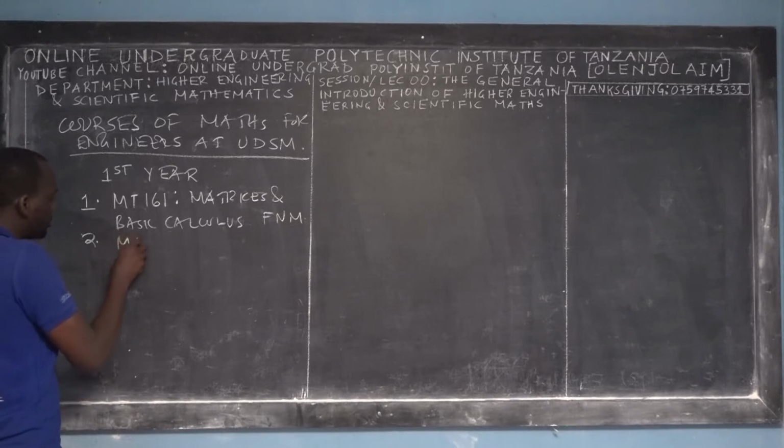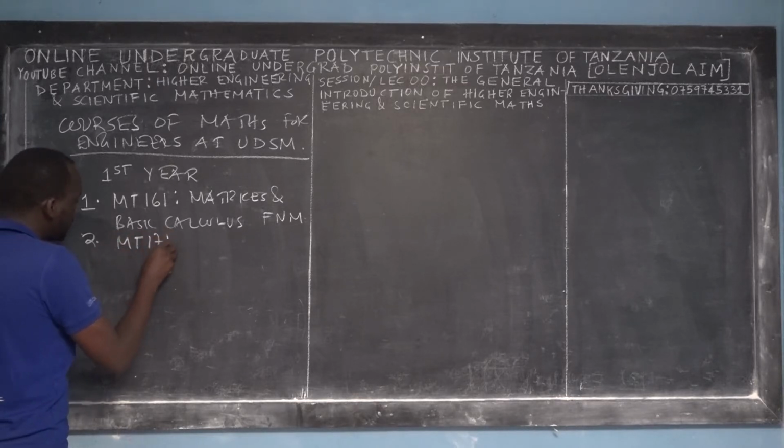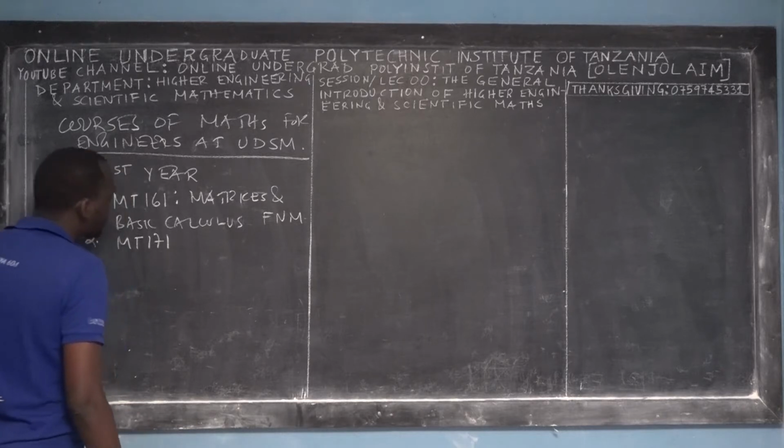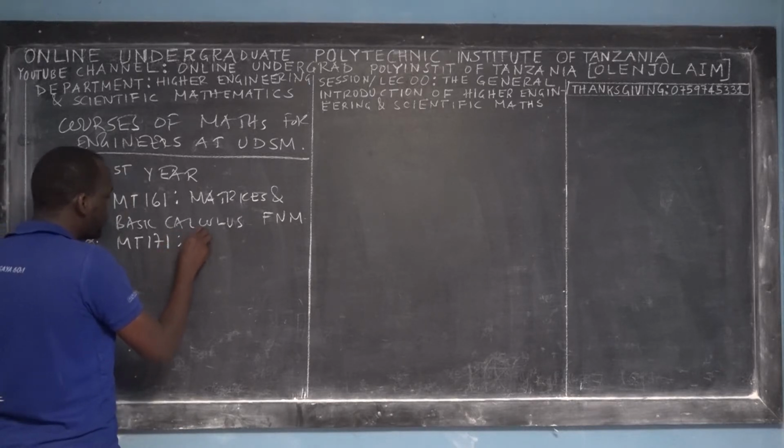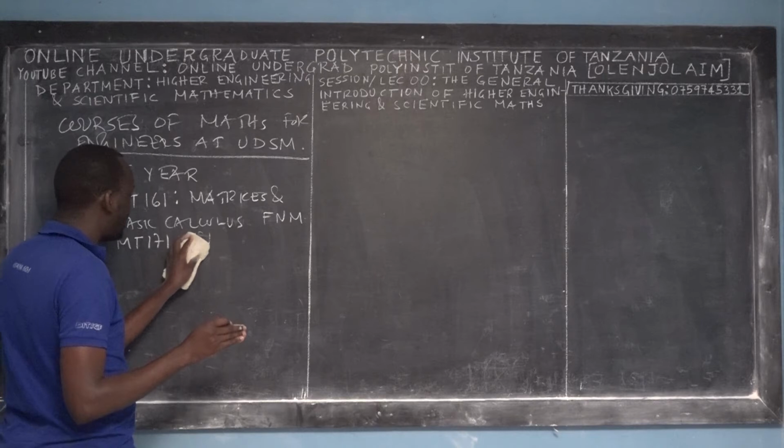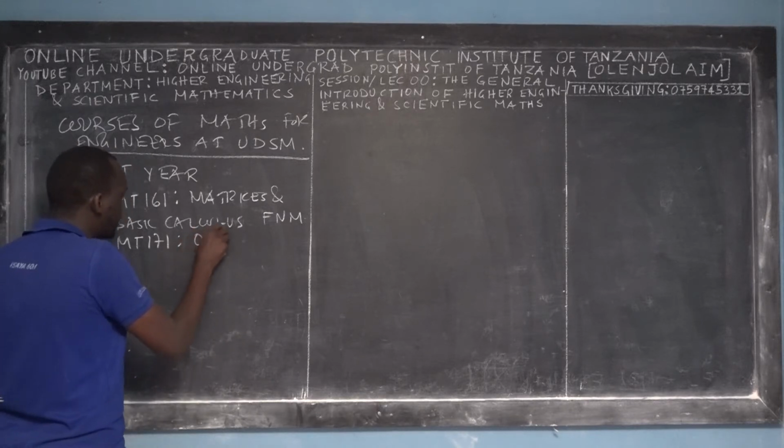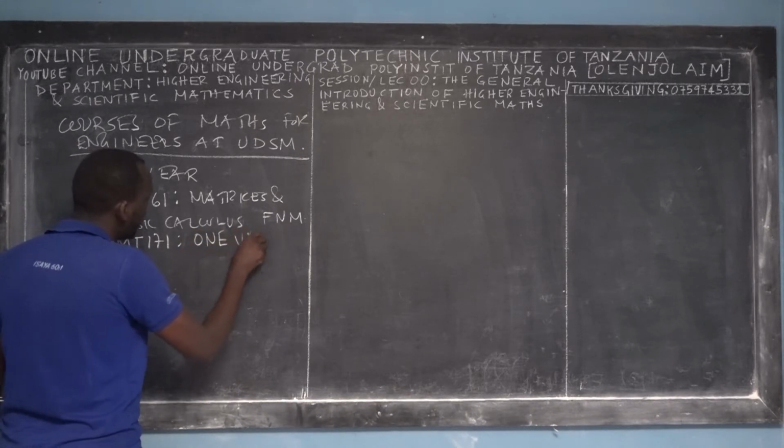Then the second course is called MT 171, and this is called one variable. At University of Dar es Salaam they call it one variable, and even in many universities.